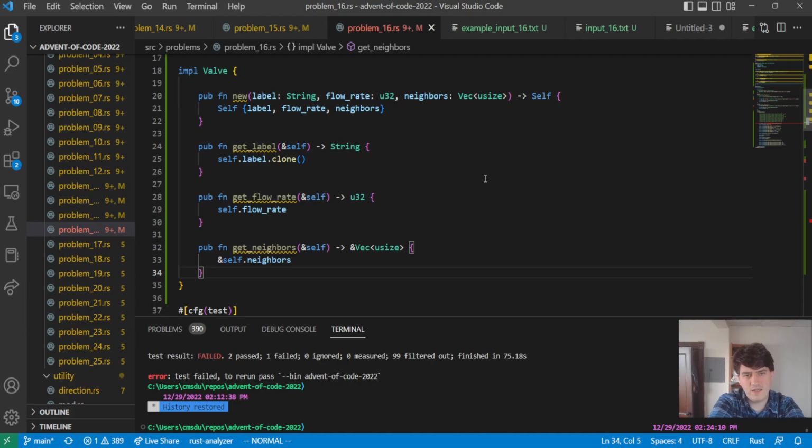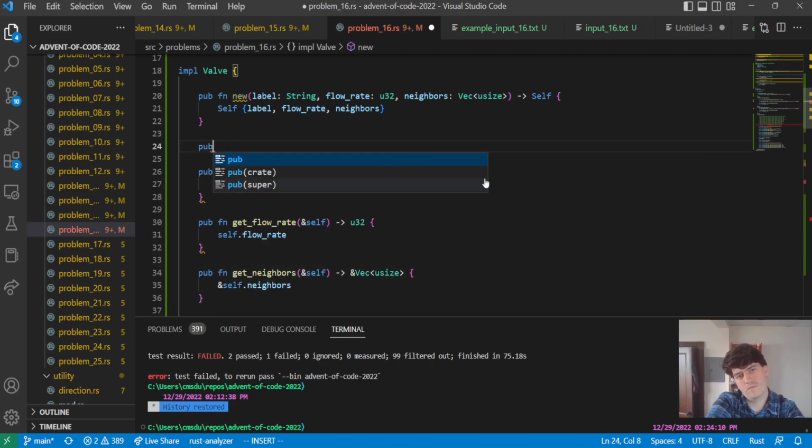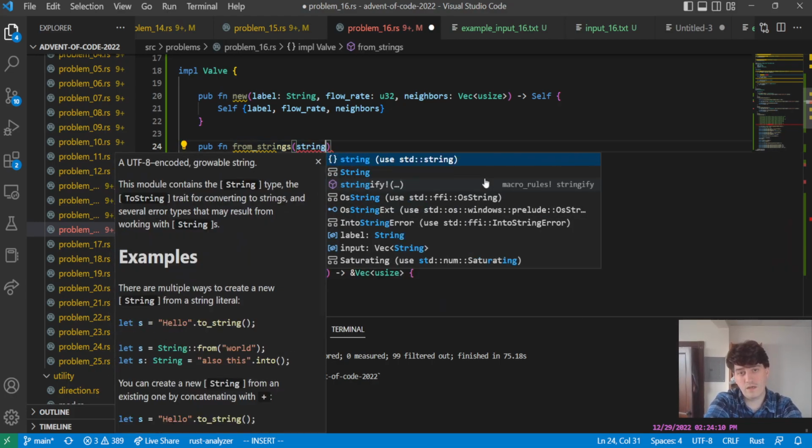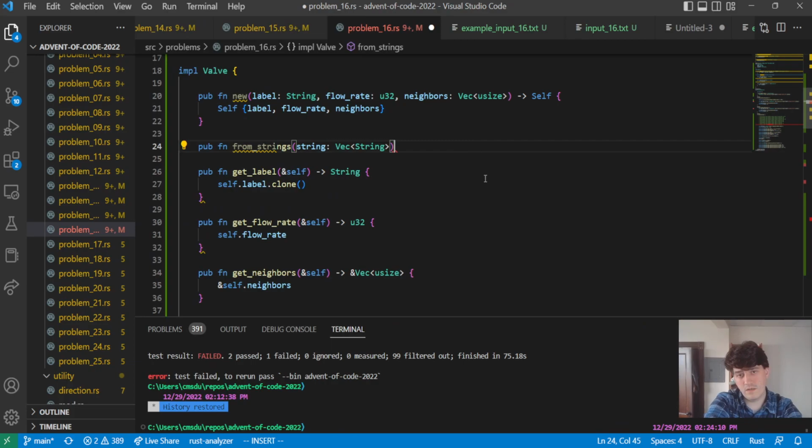What else to say here? We need from_strings. That will take a Vec of String. It will return a Vec of Self.